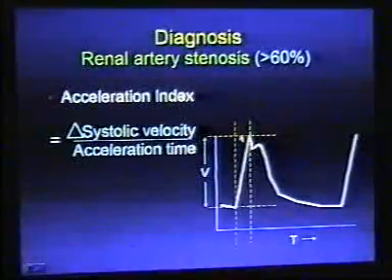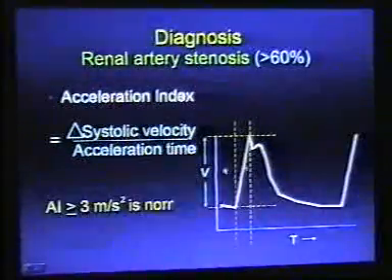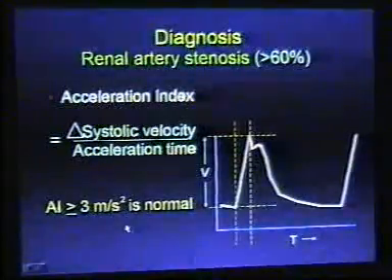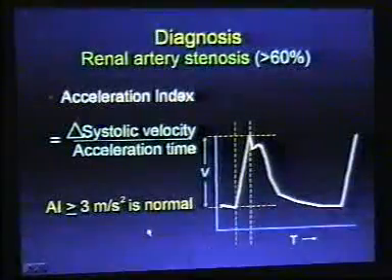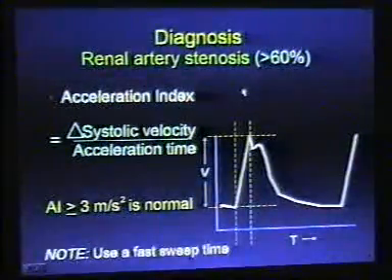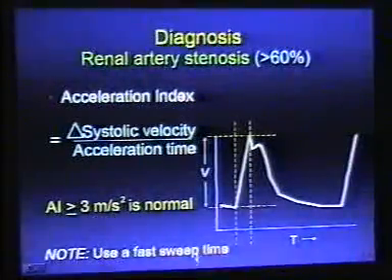We divide this systolic velocity with the acceleration time to get acceleration index. And acceleration index is usually more than or equal to 3 meters per second square in normal, and use a fast sweep time for this assessment.